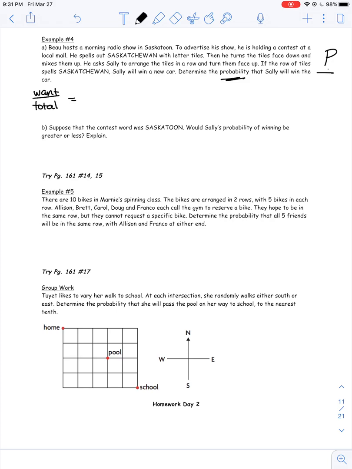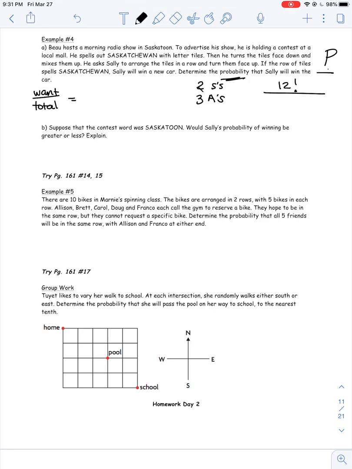Well, whenever we rearrange letters of a word, we count how many letters there are. There are 1, 2, 3, 4, 5, 6, 7, 8, 9, 10, 11, 12 letters in the word Saskatchewan. So I would have 12 spots with 12, then 11, 10, 9, all the way down. Now, if there was no repetition, meaning no letters that were identical, this would be my answer for the total. But we actually know that there are 2 S's and there's actually 3 A's.